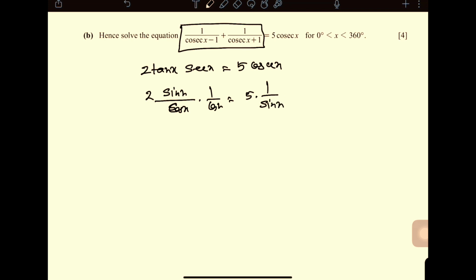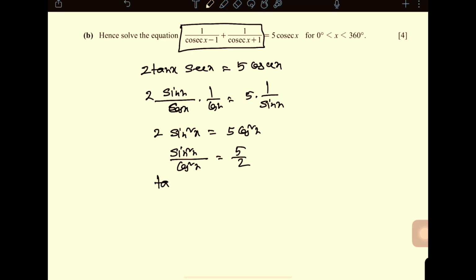So if we simplify here, cross multiplication, we get 2 sin square x equals 5 cos square x. Now let me write sin square x by cos square x equals 5 by 2. So tan square x equals 5 by 2.